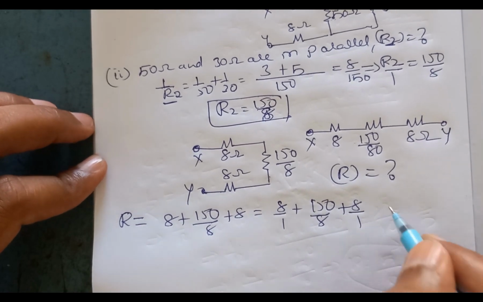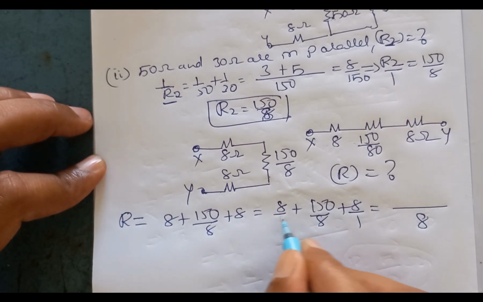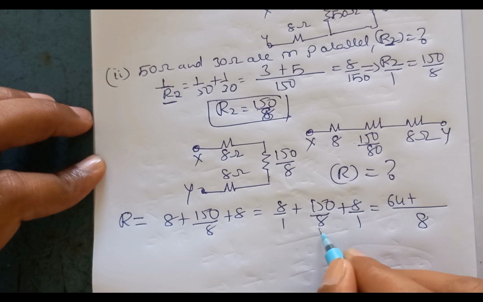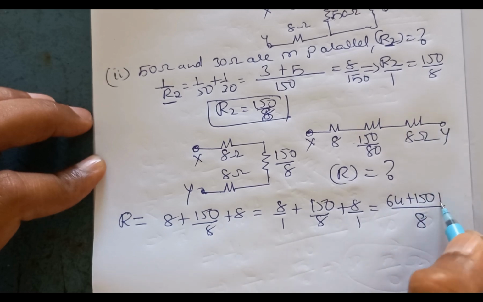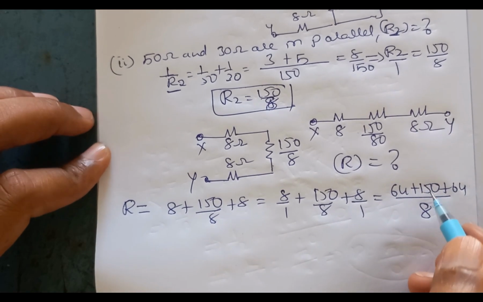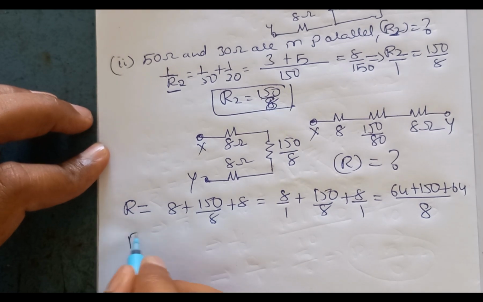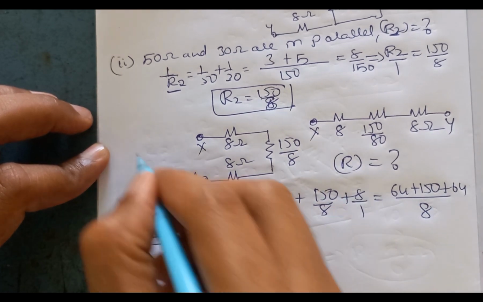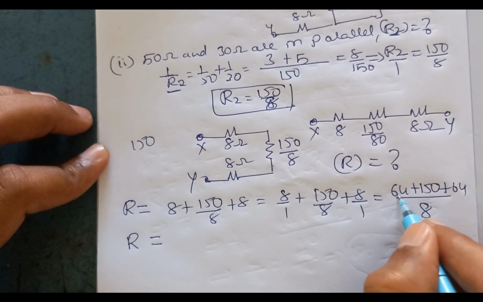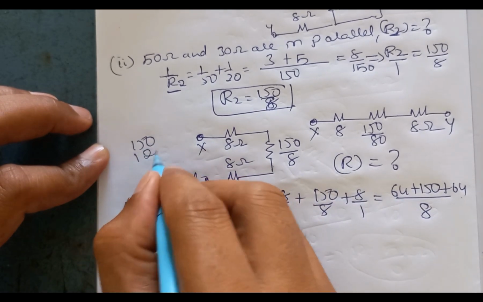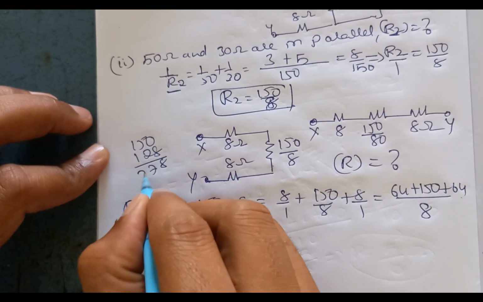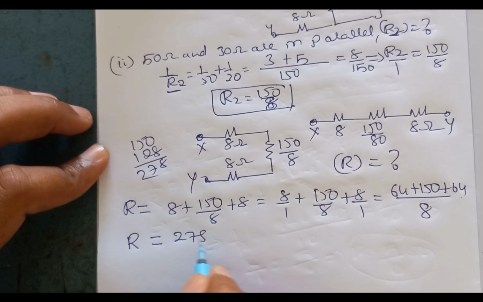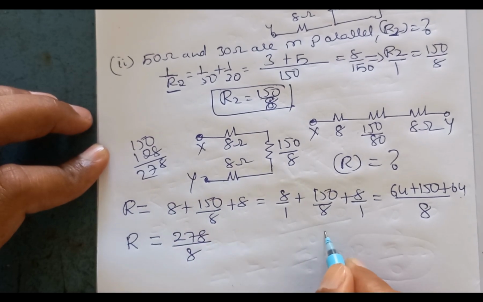LCM is 8, then it will be 64, 150, and 64. So R is equal to the summation 150, 64, 128, which is 278 by 8.